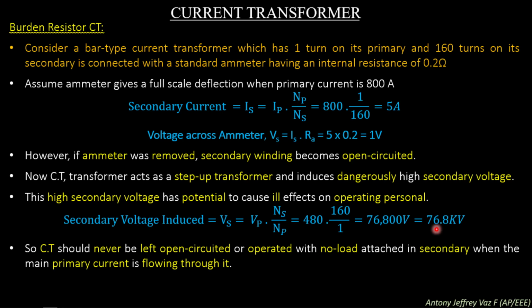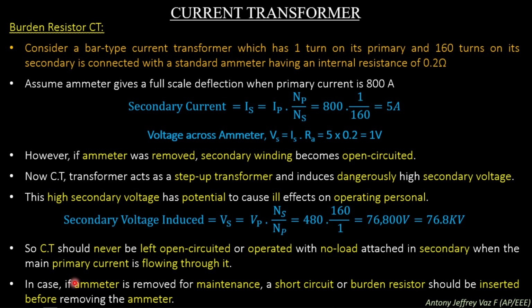So it should be kept in mind, CTs should never be left open. The CT's ammeter should never be disconnected when the CT is in service. In case the ammeter is removed for maintenance, a short circuit or burden resistor should be inserted before removing it.